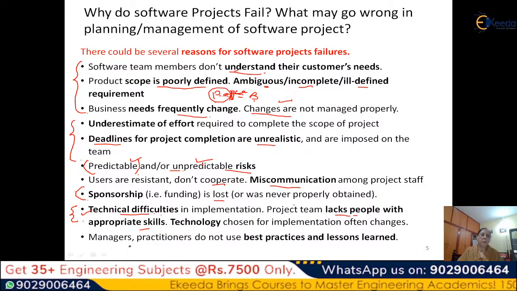Then there are some managerial or practitioner problems, because people tend to do things as per their own way, and many times forget to use best practices. And if there are some mistakes that have been done in previous projects, there is something called lessons learned. Those are not applied to every project.